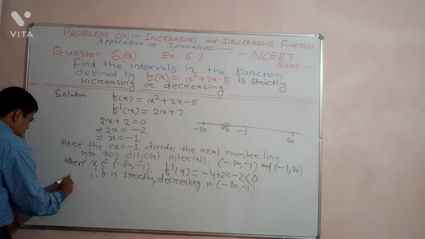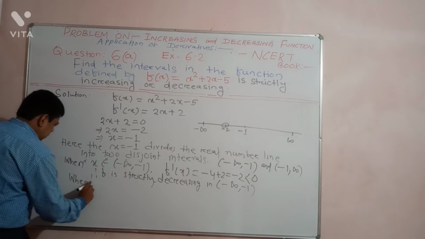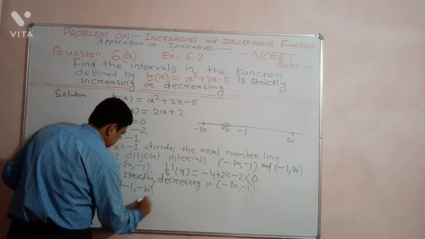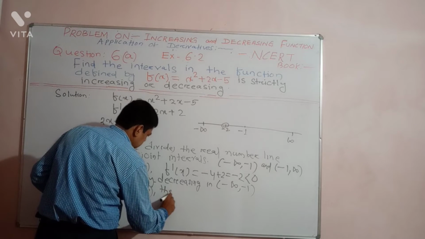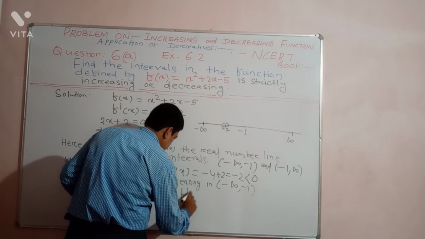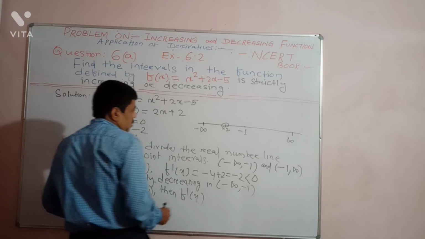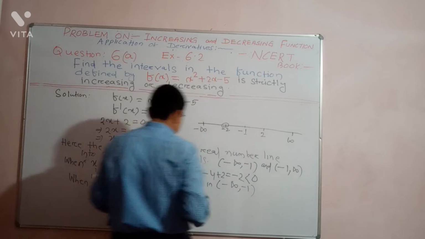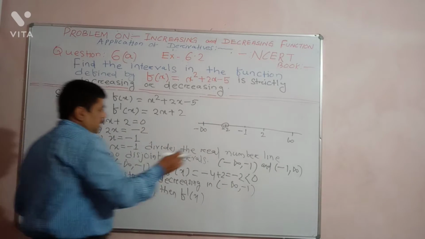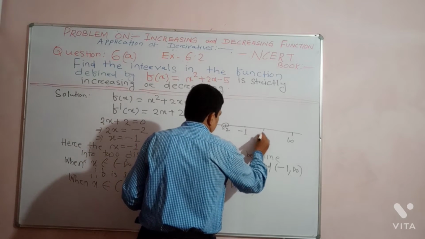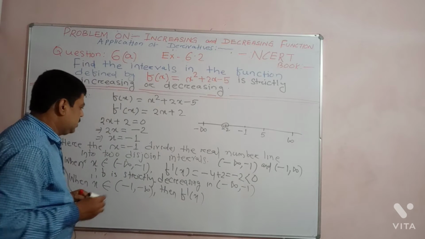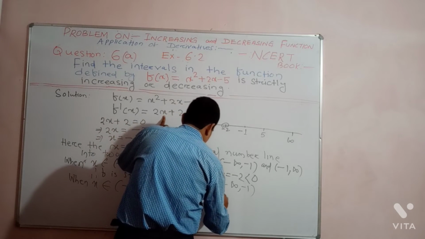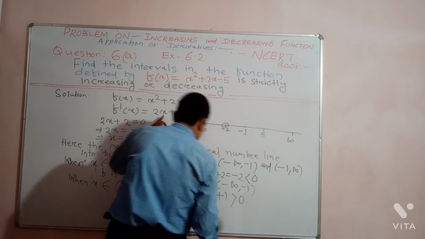Similarly, when x lies in the interval -1 to infinity, we can take any value more than -1. Suppose x = 5. Then f'(x) = 10 + 2, which is a positive value, greater than 0.